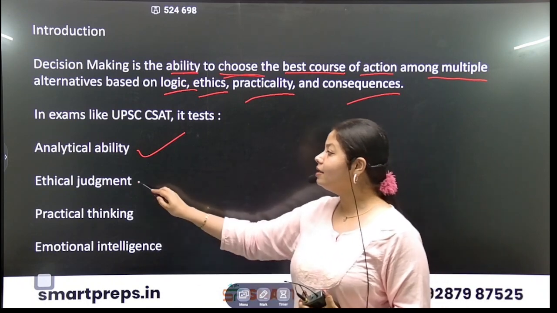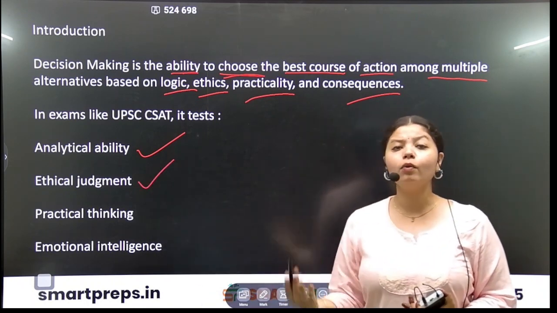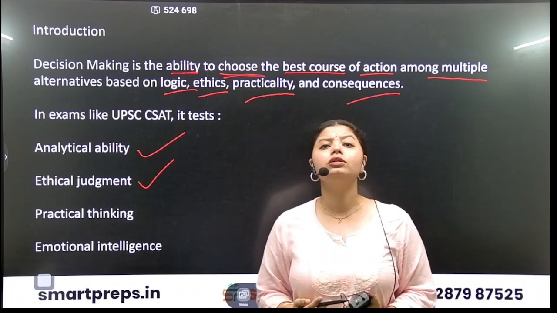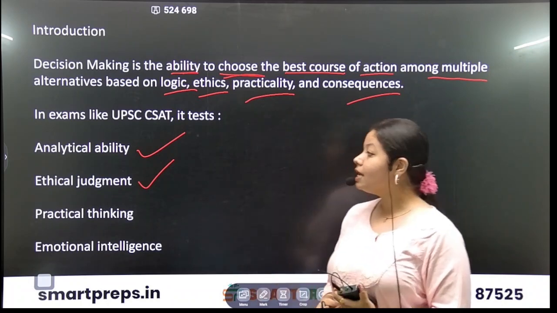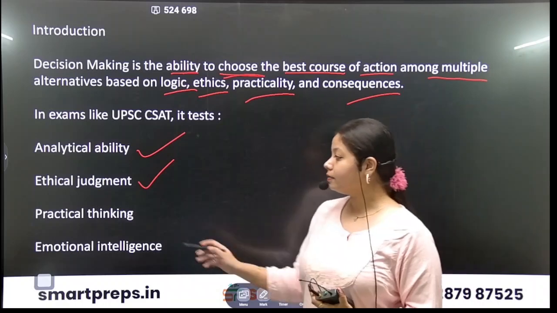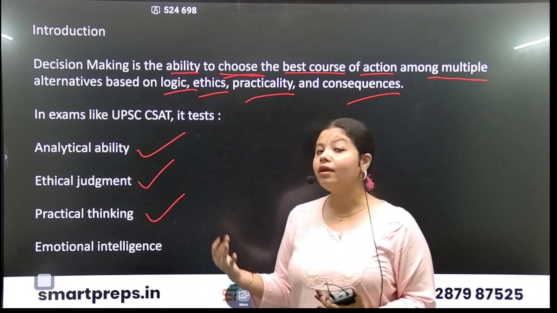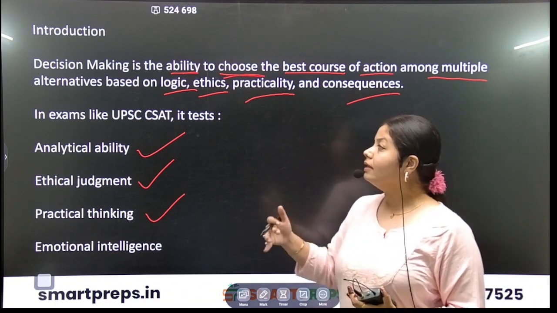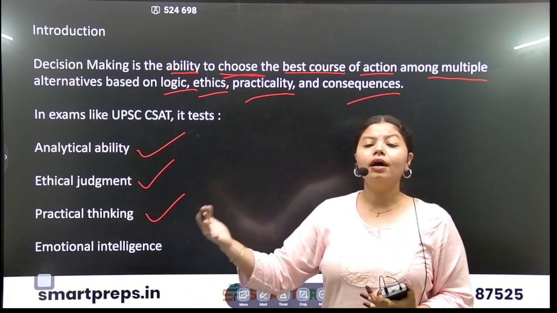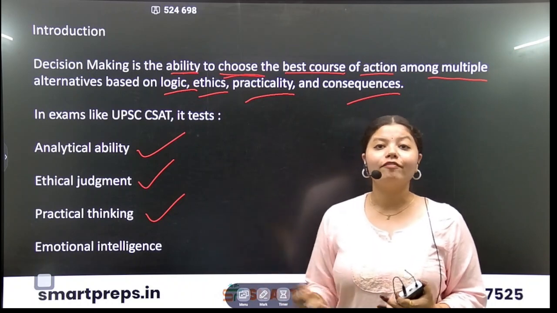Also, ethical judgment. You need to evaluate whether your decision is going on ethical grounds or not. Then practical thinking, whether you are thinking in a practical mode, whether you are taking this decision with the help of real life situations.